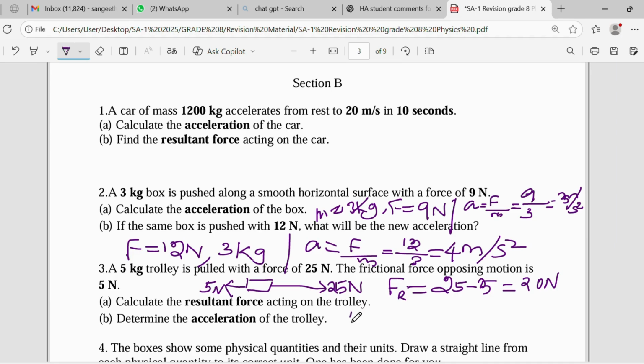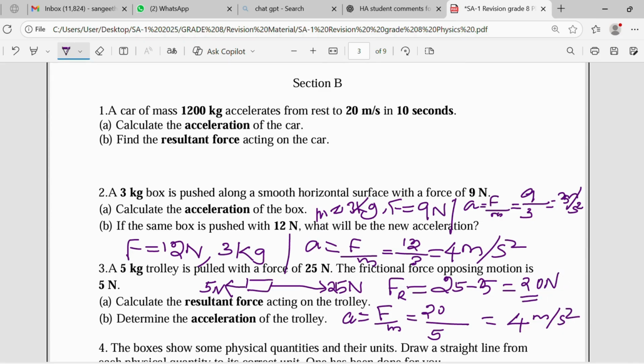So acceleration, as you know, the formula is acceleration a equal to force over mass. The resultant force we already found, it is 20 Newton. So 20 over the mass given as 5. If you divide 20 over 5, you'll get 4 meter per second squared.